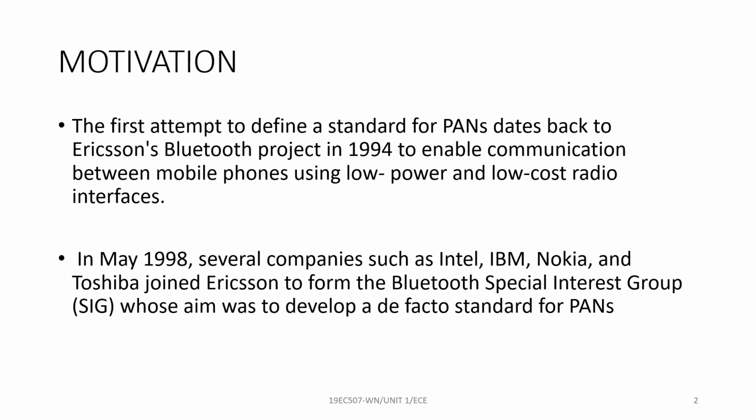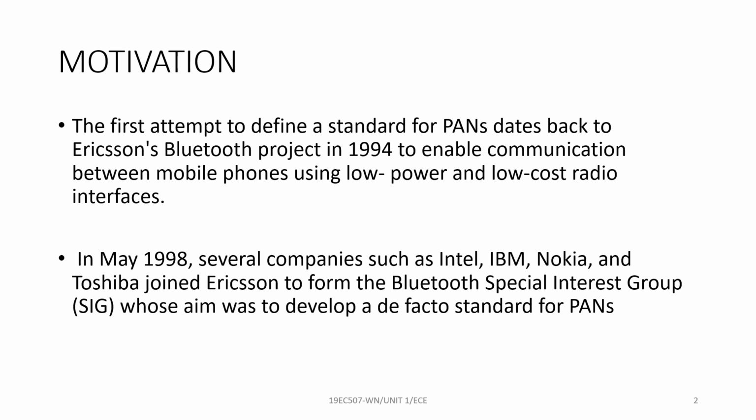Before getting into the architecture of Bluetooth, let us know the main motivation behind the invention of Bluetooth. When we look back, the first attempt to define personal area networks started around 1994. They in fact worked on communication between mobile phones using low power and low cost radio interfaces.